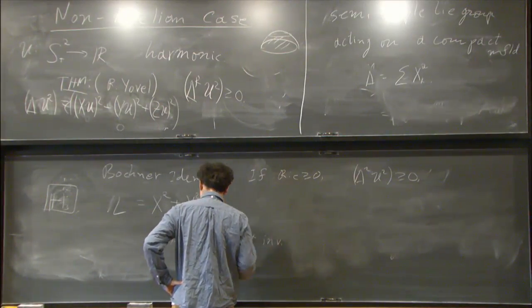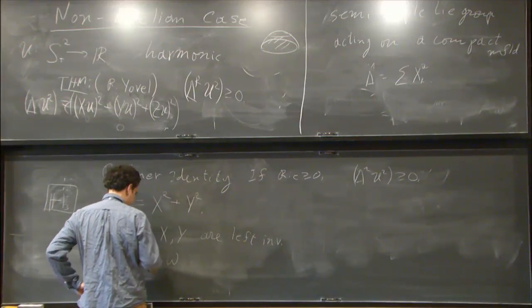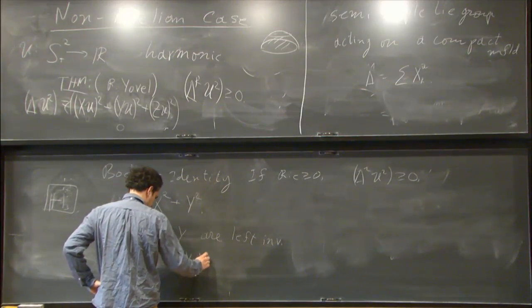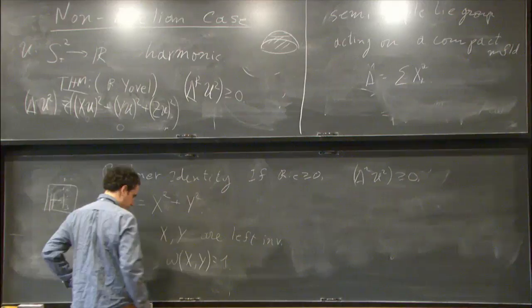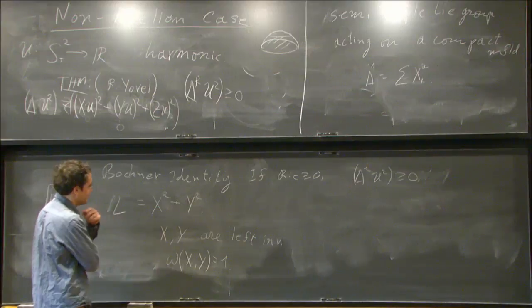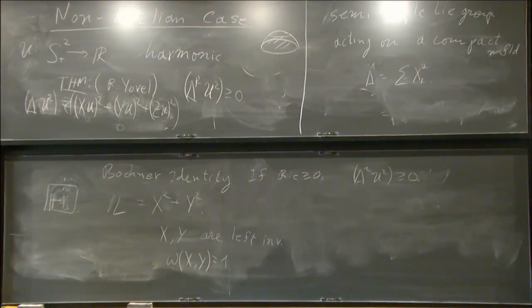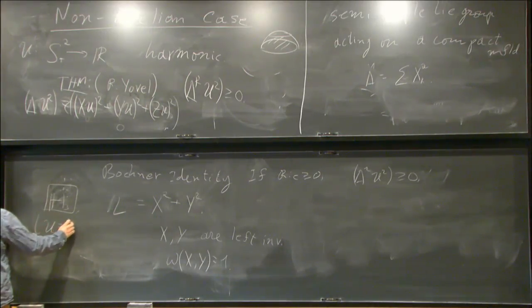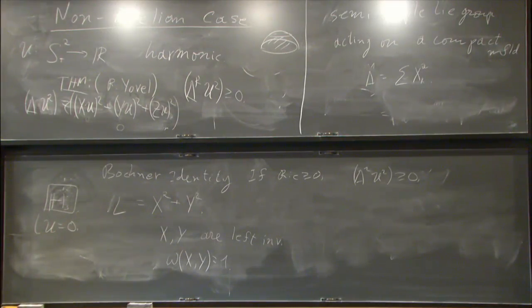vector fields. And also I have a symplectic form, so I take the standard left invariant vector fields which span the directions orthogonal to the center in some sense, and a harmonic function is just a solution of this equation.